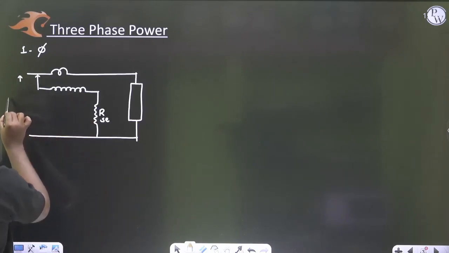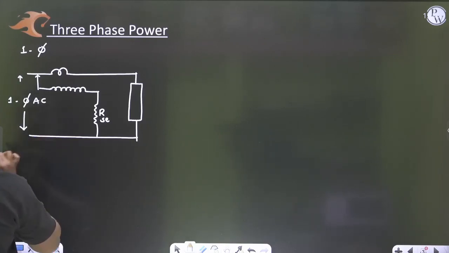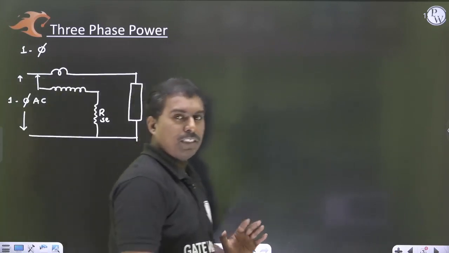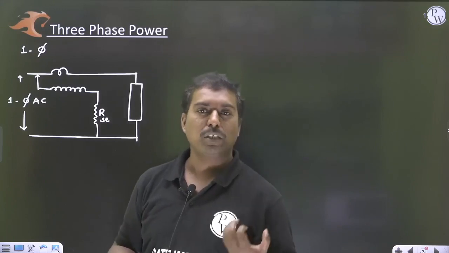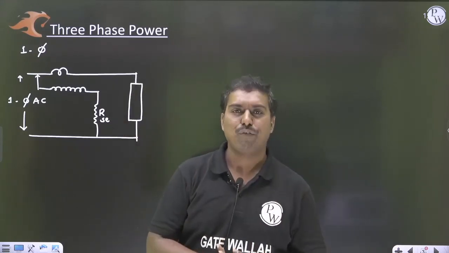Now this is the single phase AC supply, and in single phase AC supply we are using the dynamometer. So you will have a question, sir, by using the dynamometer we are using the single phase power now, so why is there a necessity of 3-phase power?